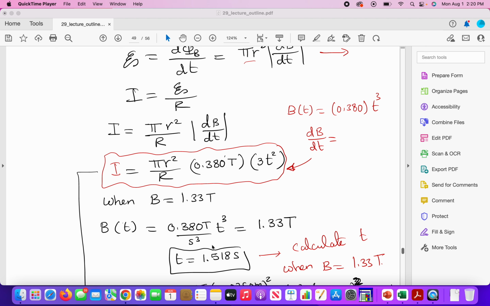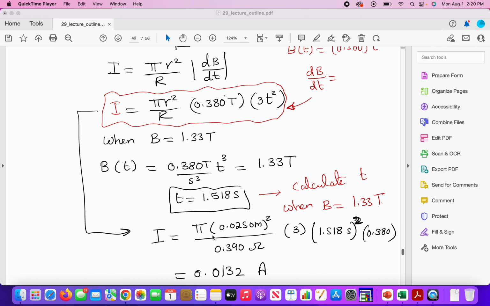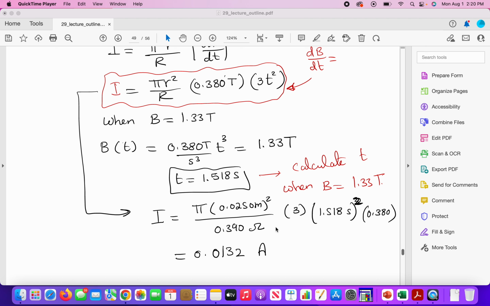B equals 0.380 Tesla t cubed, that equals 1.33 Tesla, and from that the time will be calculated as 1.518 seconds. Then we can plug in this time here, and we will be able to calculate the current at this time.